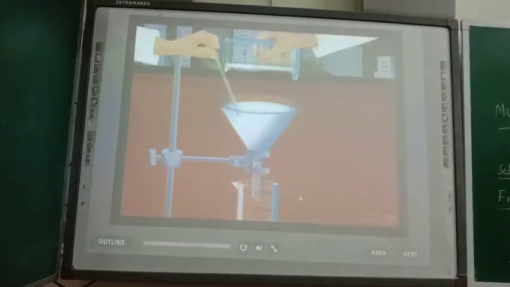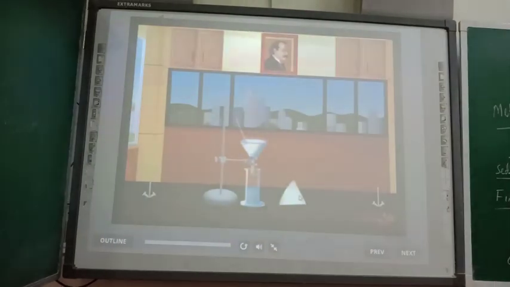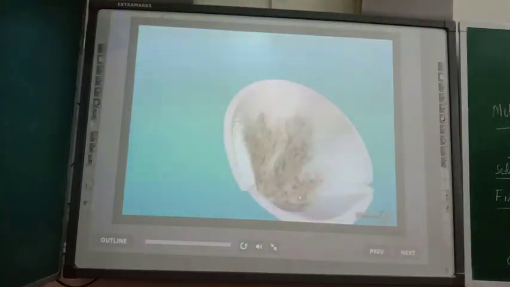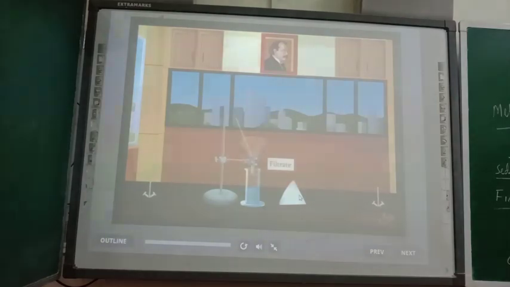Pour muddy water over the filter paper. The insoluble solid particles are left as residue on the filter paper and the clear liquid, that means water, is collected as filtrate. For high quality filtration, it is necessary that the size of the pores of the filter paper should be smaller than the size of particles to be removed.